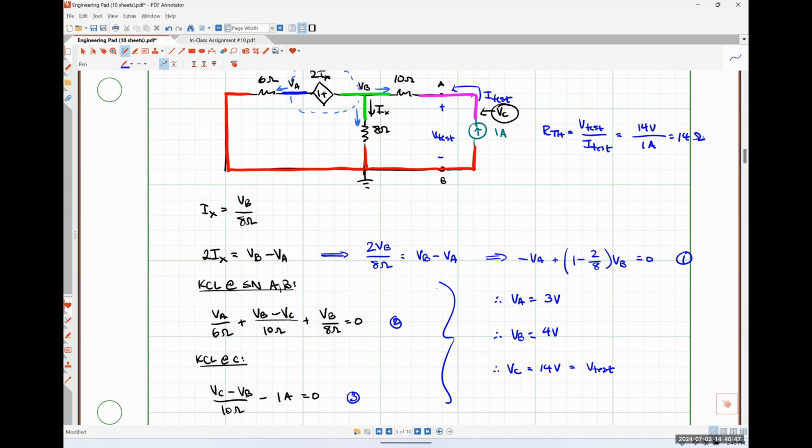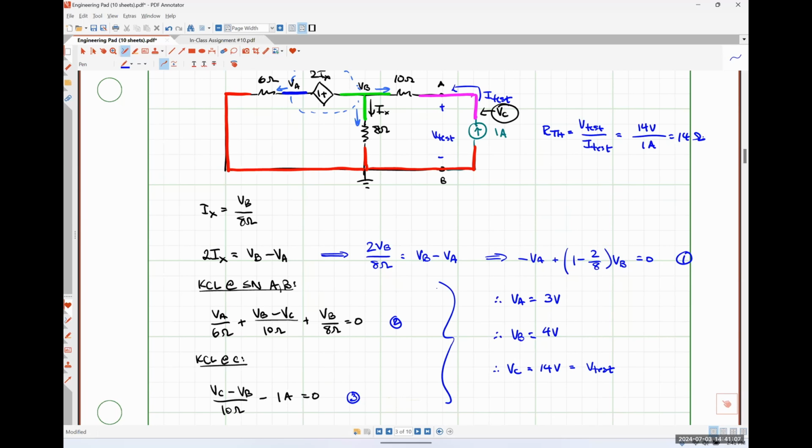So the test source method doesn't matter if we use a voltage source or a current source. Doesn't matter what our polarity for the voltage source is, what our magnitude for the voltage source is, what our direction for the current source is, what our magnitude for the current source is. We are going to get the correct answer.